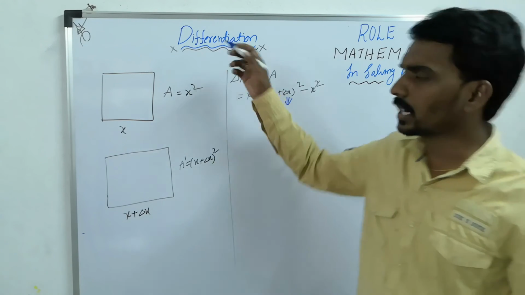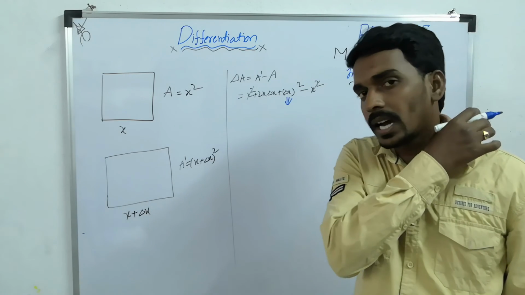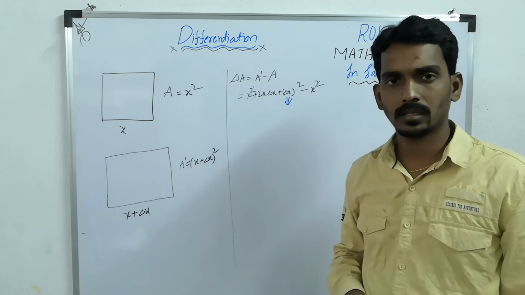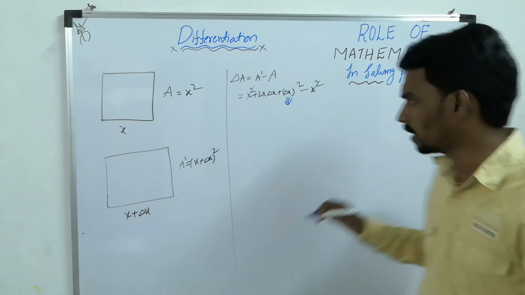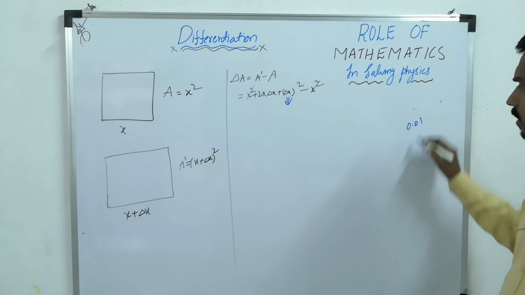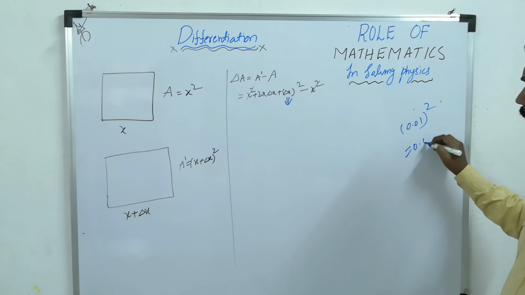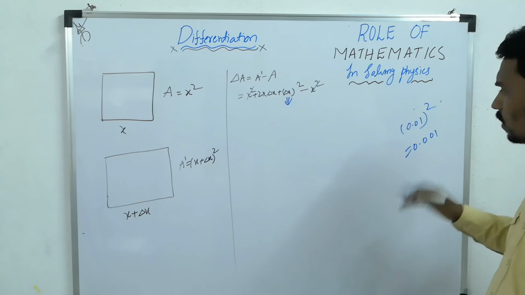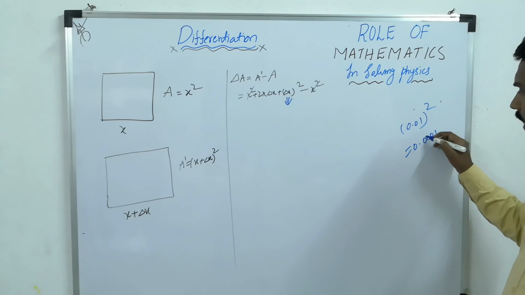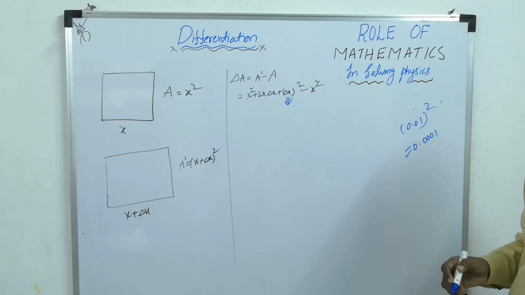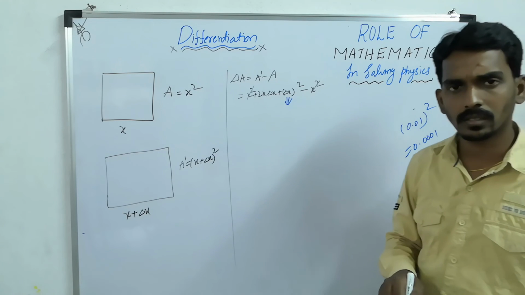But we are discussing differentiation, so delta x must be small. Delta x is almost negligible. Let's take 0.01 and square it. It becomes 0.0001. So the value reduces on squaring if the value is less than 1.